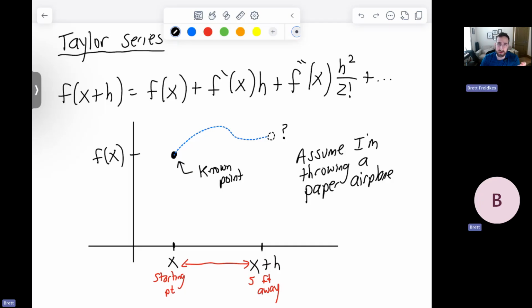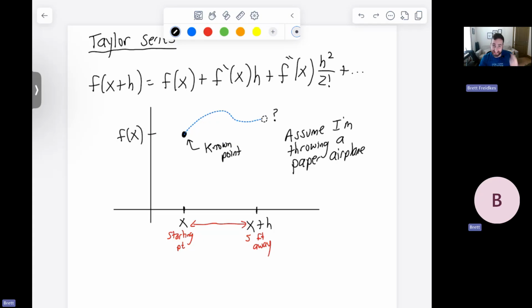The idea of a Taylor series is that if you take the behavior or what you know about your starting point, you can get a better prediction for where your function is going to end up later down in x.